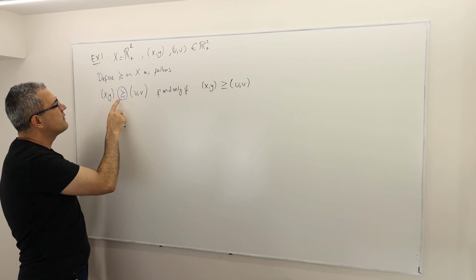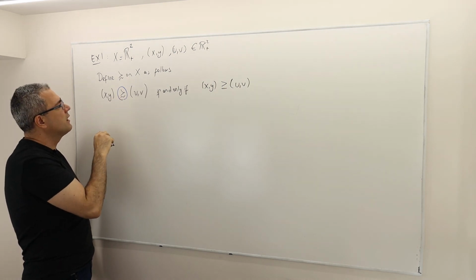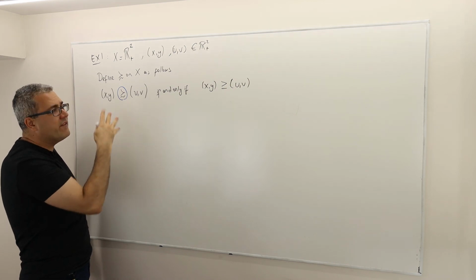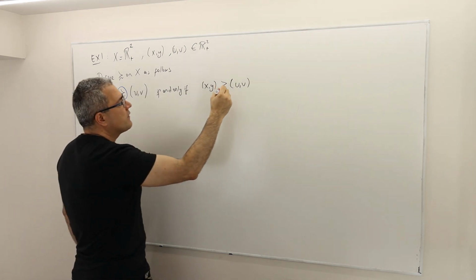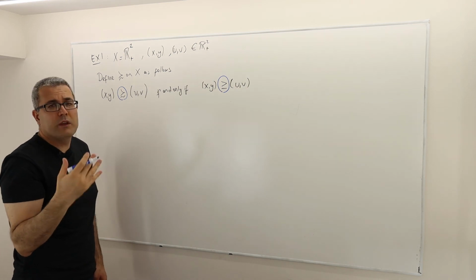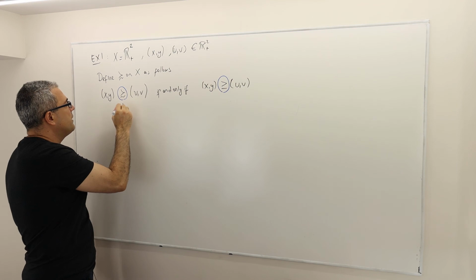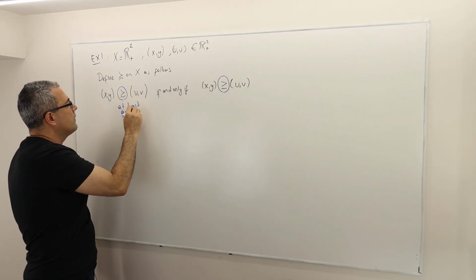But this is not the equal to sign. It's a wavy thing. This is greater than or equal to, like the one we use in real numbers. But this is "at least as good as," so be careful.